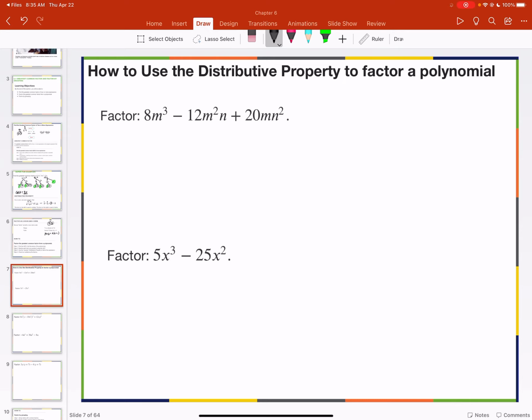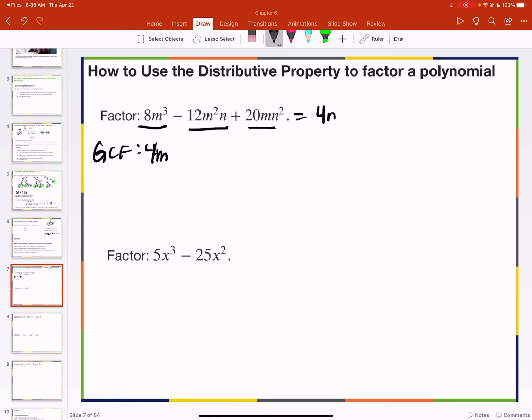Okay, so let's go ahead and do some factoring. Basically we want the number that divides into all three of these. You can go ahead and do your trees, but I can tell that my GCF is going to be 4m, and that's it, 4m. So I'm going to factor this out.